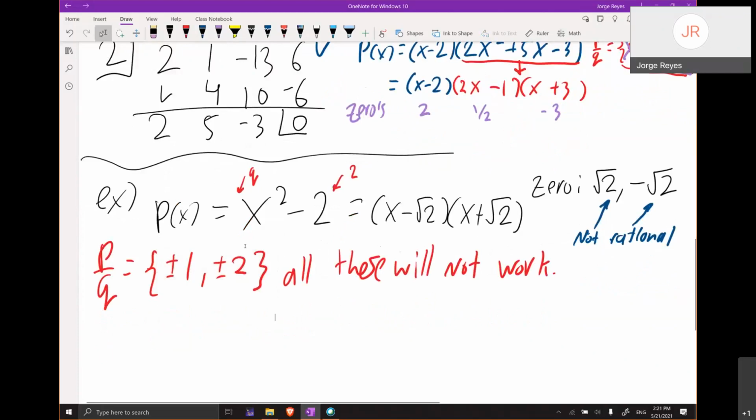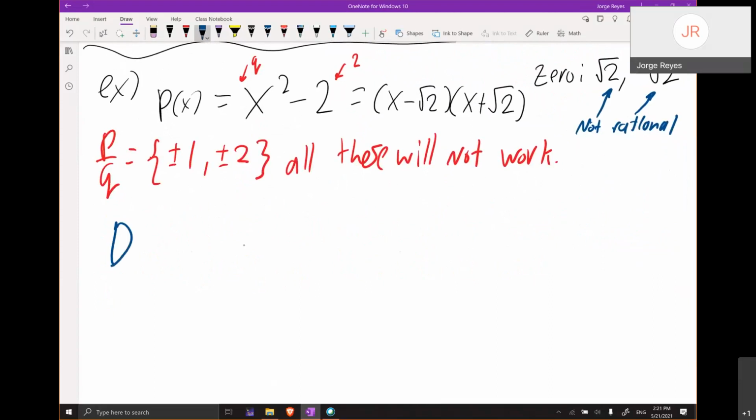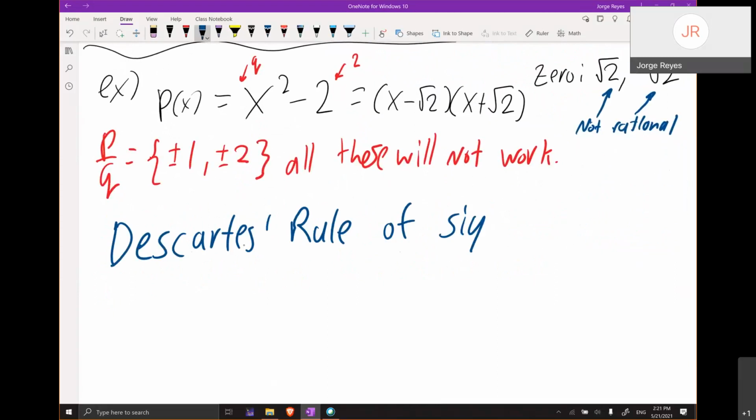All right. Now, really, I'm going to teach you this fancy trick here now, okay? This is probably not very useful, if I'm being honest. All right. It's called Descartes' rule of signs.